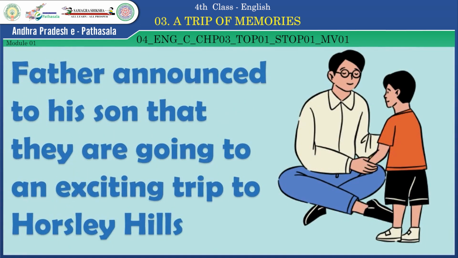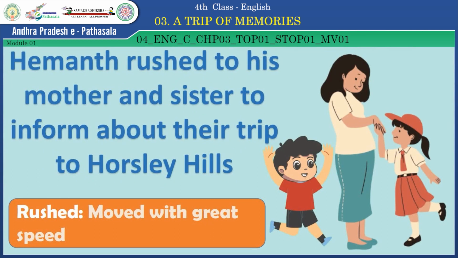I felt happy when my father said to me, Hemant, we are going to Horsley Hills tomorrow. It is also called the Ooty of Andhra Pradesh. Then immediately I rushed to my mother and sister to share this happy news. They felt happy. Here, rushed means moved with great speed.